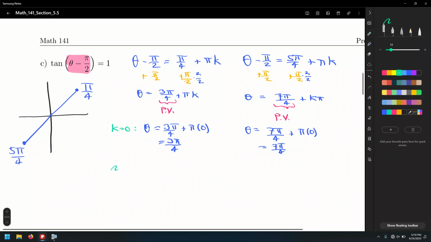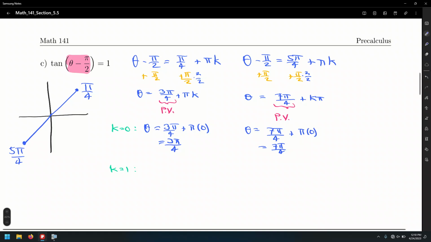So I'm going to go k equals 1, even if it goes beyond the 2 pi interval, just to cross that solution, which is what we're going to do here. 3 pi over 4 plus pi times 1, which is simply pi.